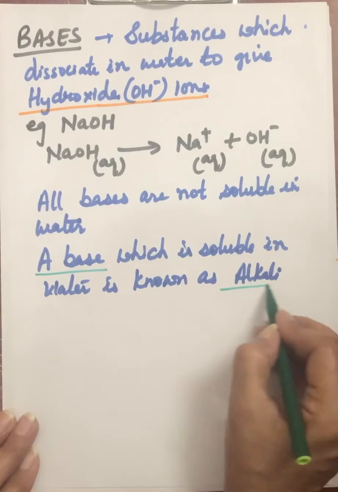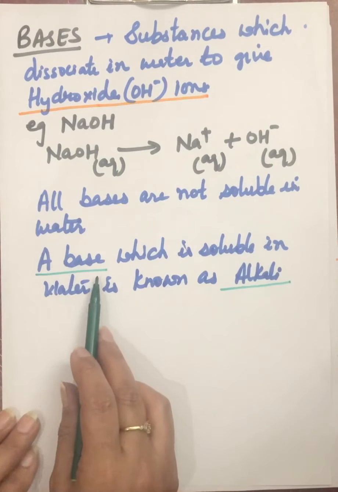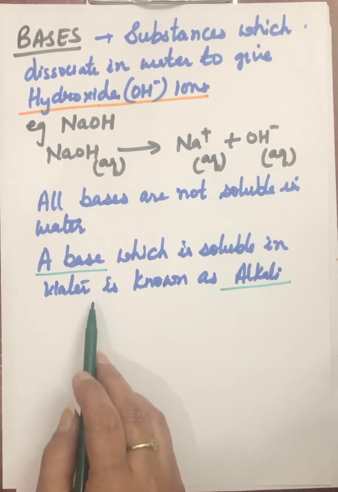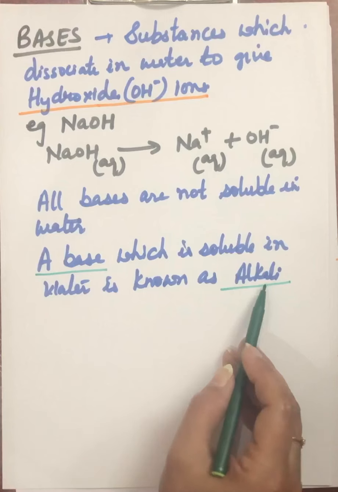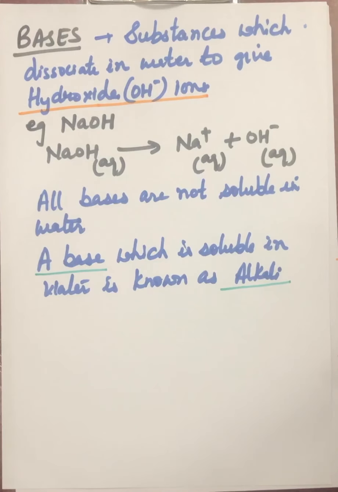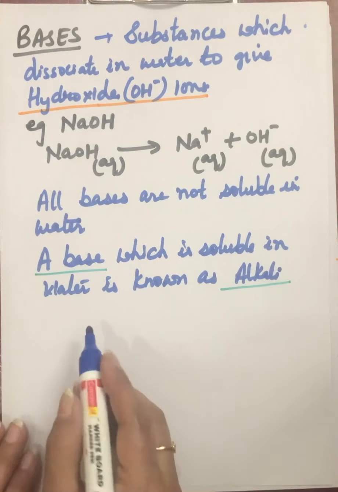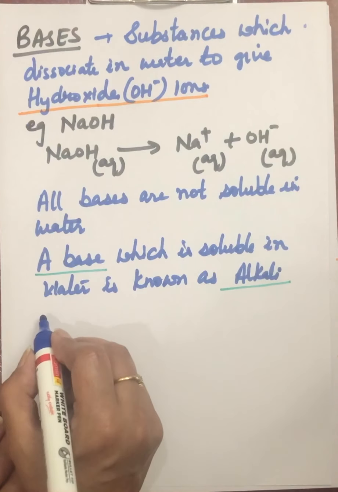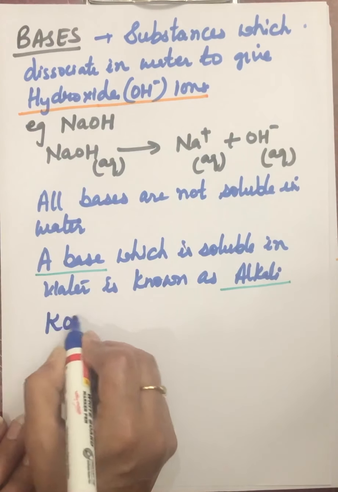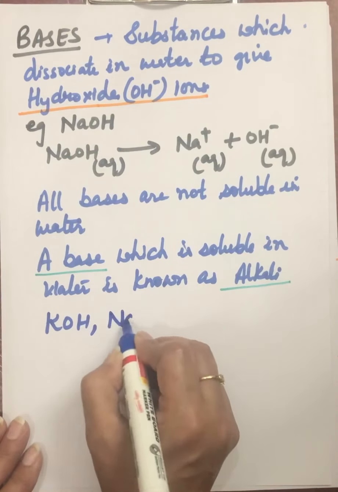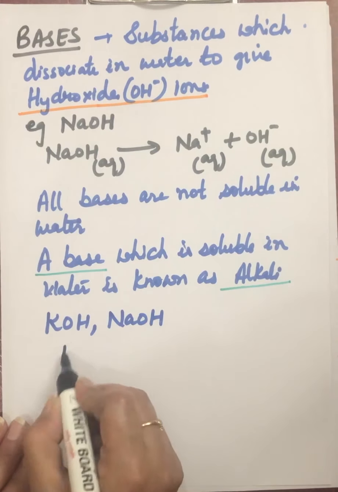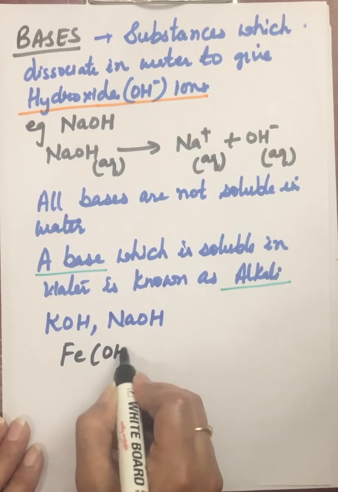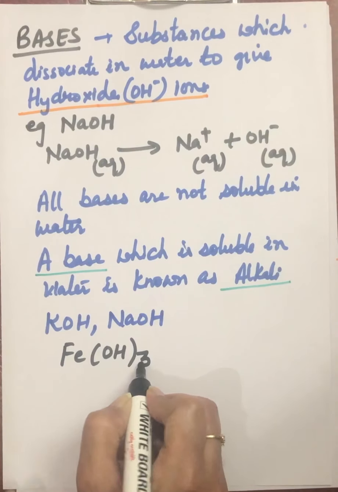If difference is asked to us, then what we'll say? Those bases which are soluble in water are known as alkali, and the ones which are not soluble are called bases. Now example of water soluble base, that is of an alkali, is KOH, NaOH. And the example of water insoluble base is ferric hydroxide.